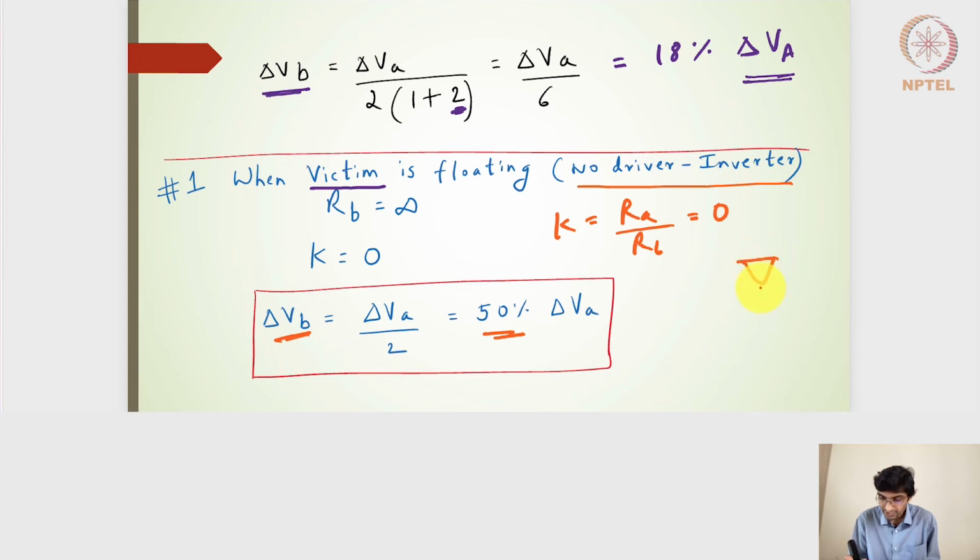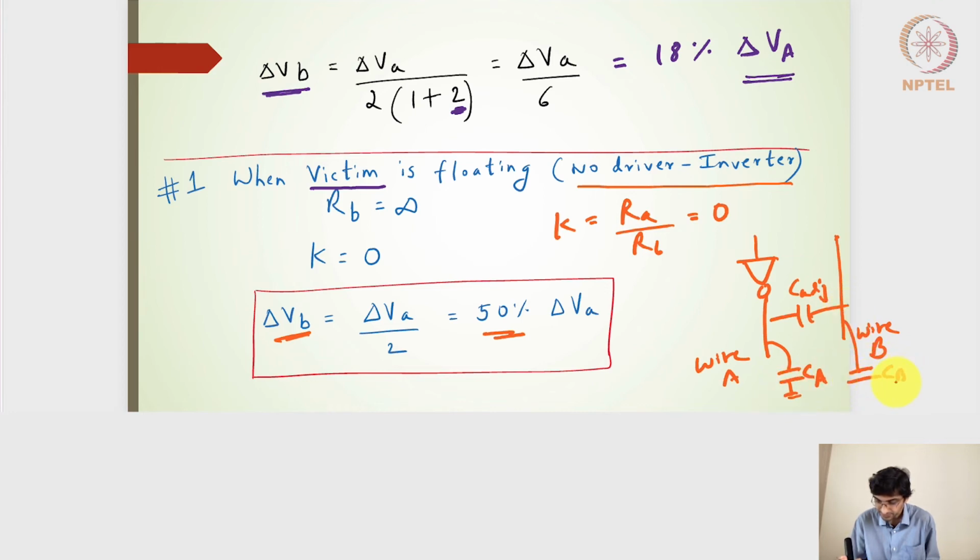So I can draw one figure for the line. This is the wire A, and then the wire B will be something like this. There is no driver circuit connected. It's a simple wire, but it has the coupling capacitance C adjacent, and this wire will have CA capacitance, and this wire will have CB capacitance.